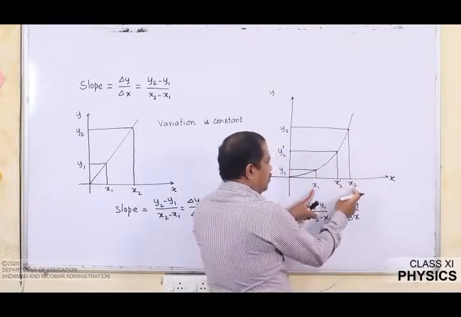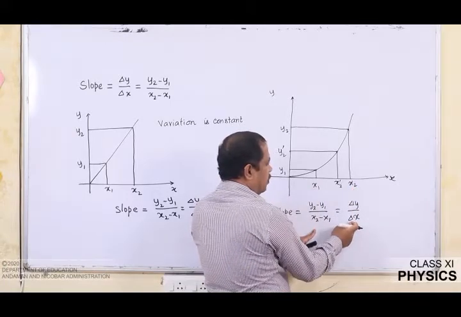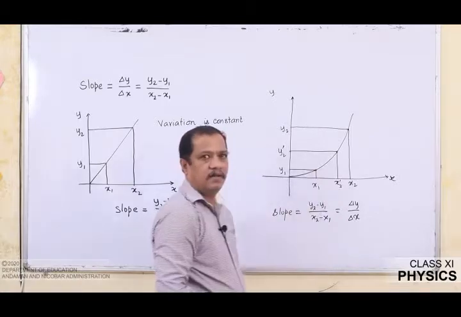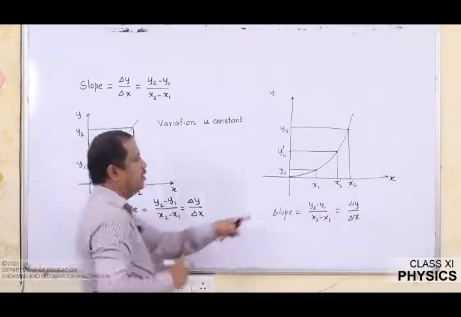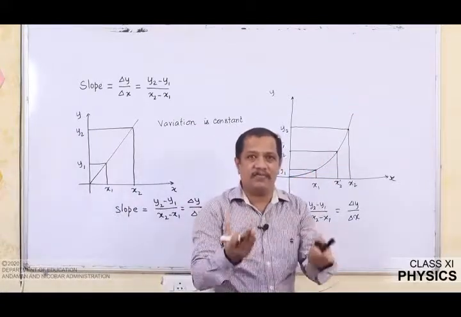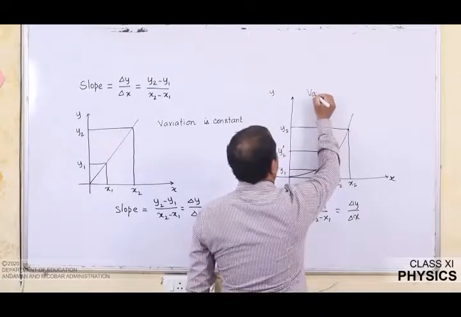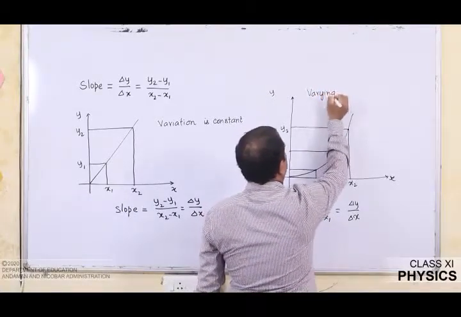For the interval between x1 and x2, the slope is different. For the interval between x1 and x2 dash, the slope is different. Slope I said is variation. So, here variation is constant, here I say the variation itself is varying. So, here I have varying variation.